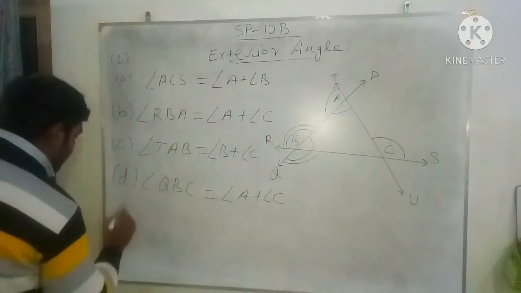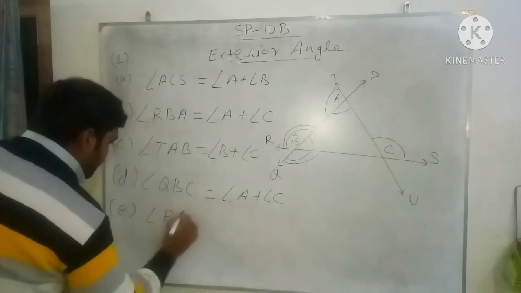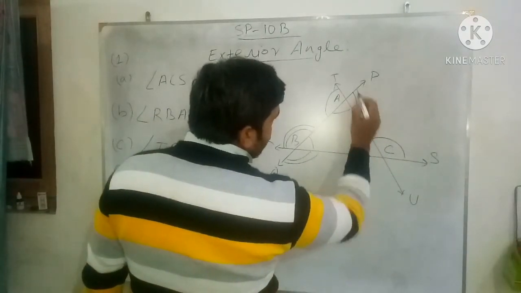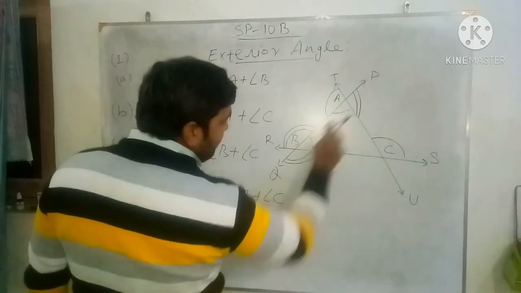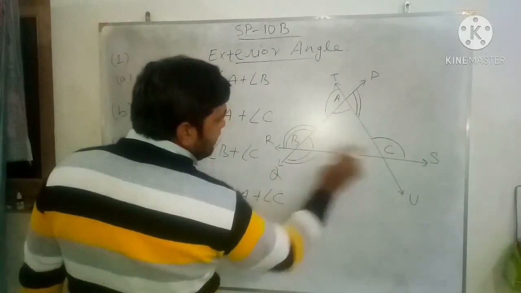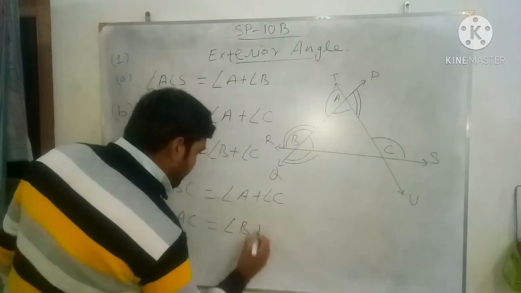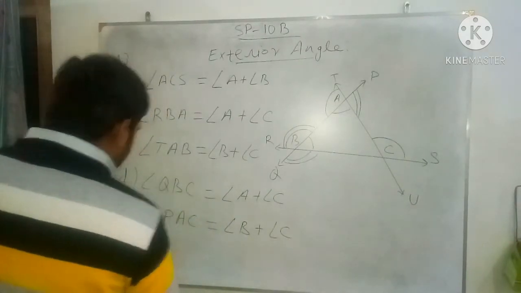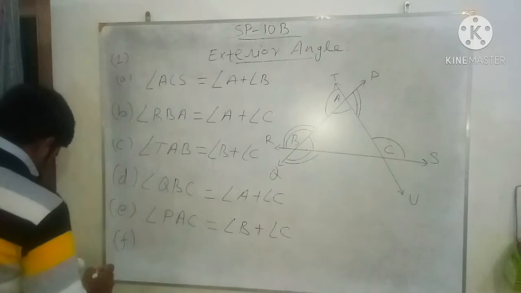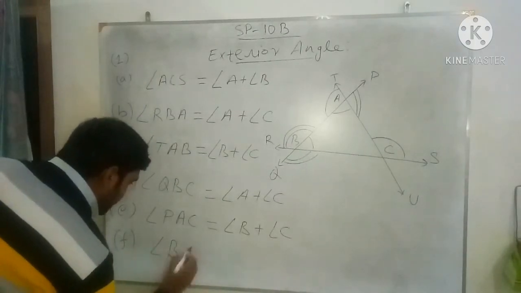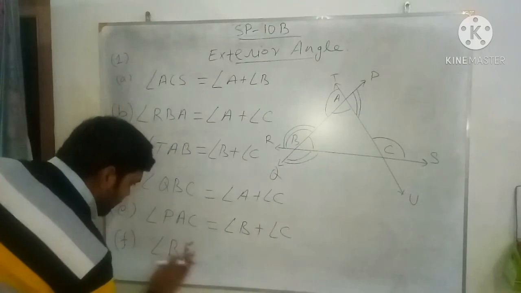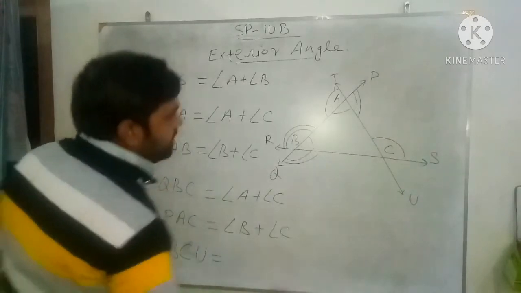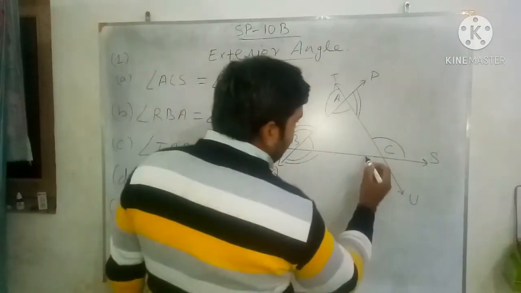Now for E, angle PAC is the exterior angle. So its interior opposite angles are B and C. So you can write angle B plus angle C. Now for F, angle BCU is the exterior angle.